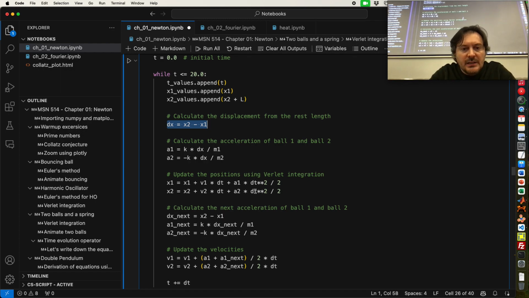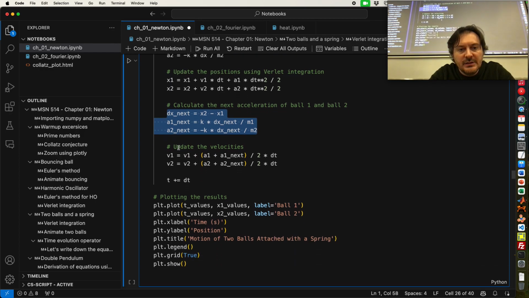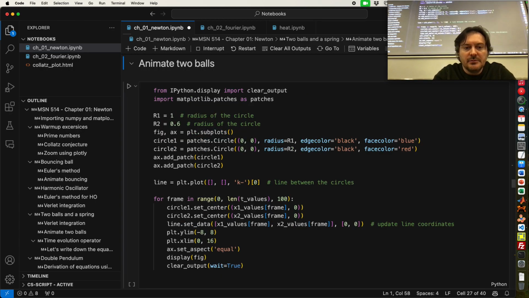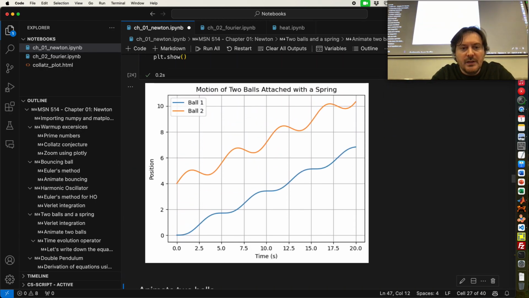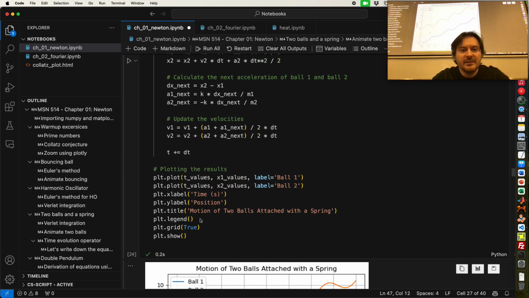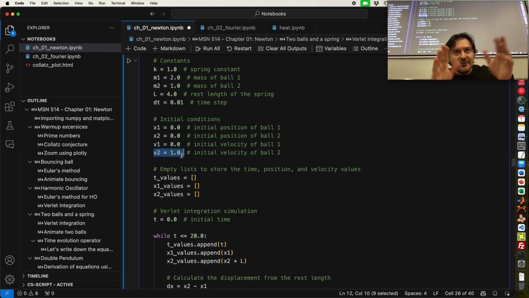All right, then what do you have? You have an update for the positions, then you find the next acceleration, then you update the velocities according to the Verlet algorithm. That's it. And you can draw this and you are going to get this kind of plot. So you see here the initial velocity is just one of them has this velocity. So the center of mass of the whole system has a velocity.